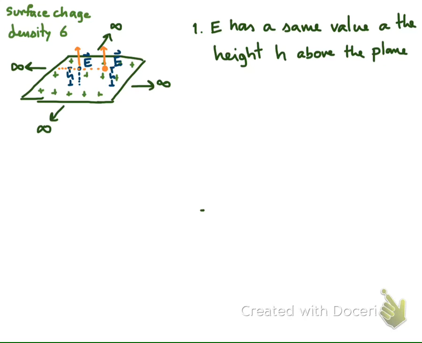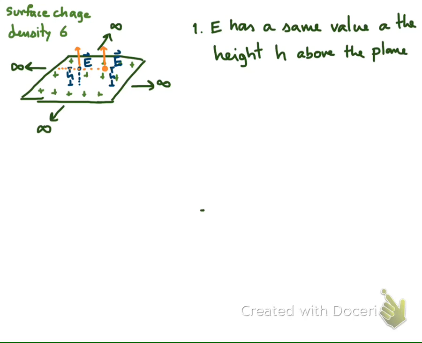So we should expect that the electric field points upward. If the charge is positive, it will point away, upward, perpendicular to the plane. But if the charge is negative, it will point downward to the plane, but in the perpendicular direction to the plane.